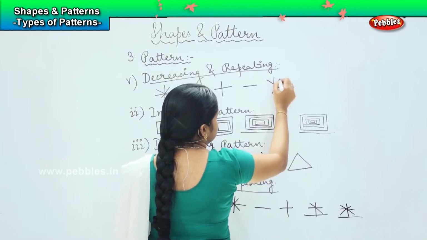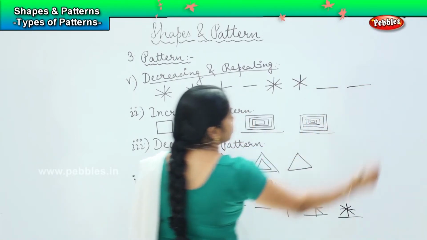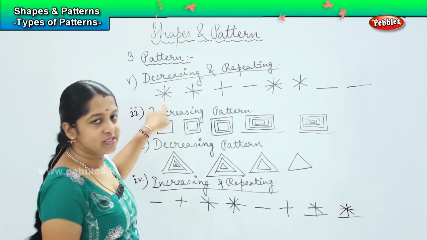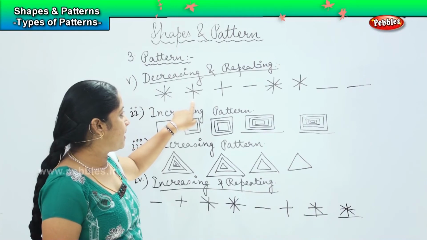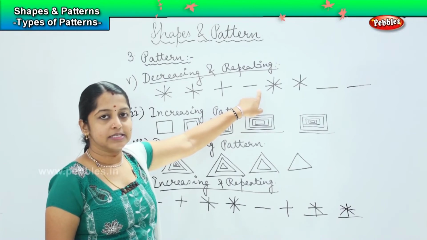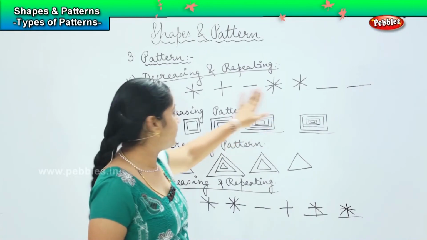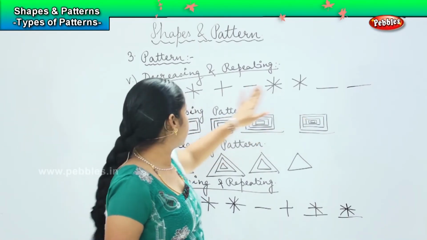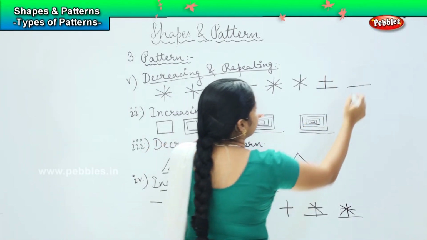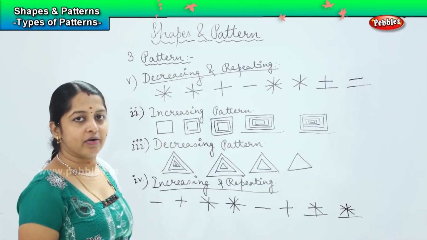Then again 5, 6, and you need to complete the remaining. So, this is an example of decreasing, right? The first it has got 8 lines, then it became 6, then it became 4, 2, and then it's a single line, right? Again, the first is repeated in the 5th, second is repeated in the 6th, then third will be repeated in the 7th one, and the fourth will be repeated in the 8th one. So, it is just the opposite of the increasing and repeating.